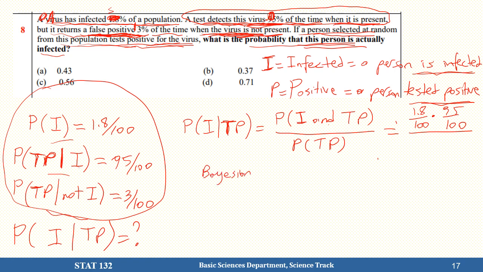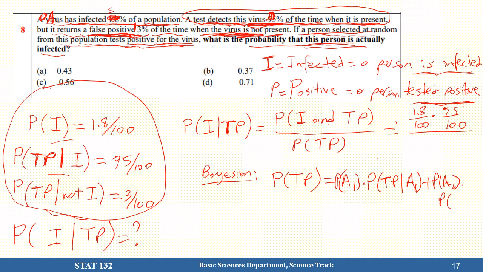In the Bayesian rule, you can write the probability of TP as the probability of A1 times the probability of TP given A1, plus the probability of A2 times the probability of TP given A2.